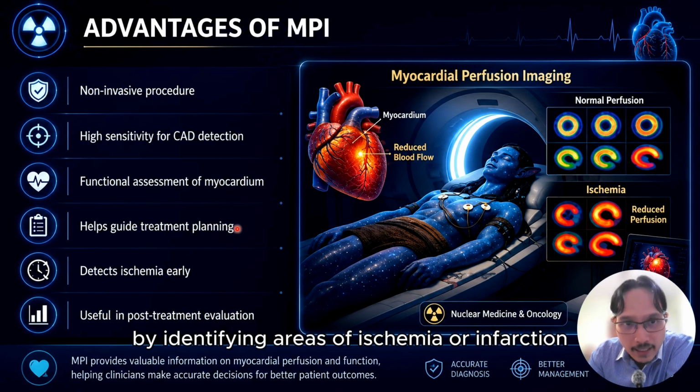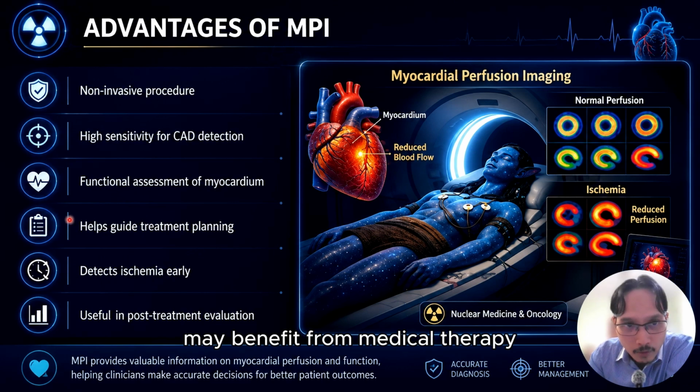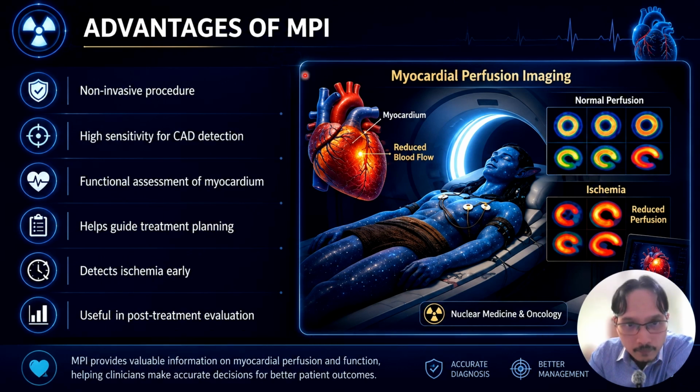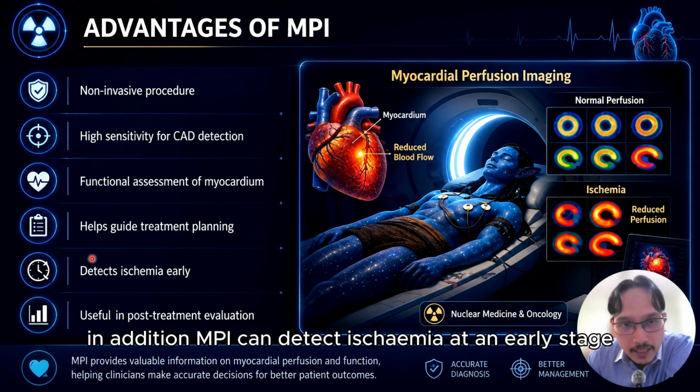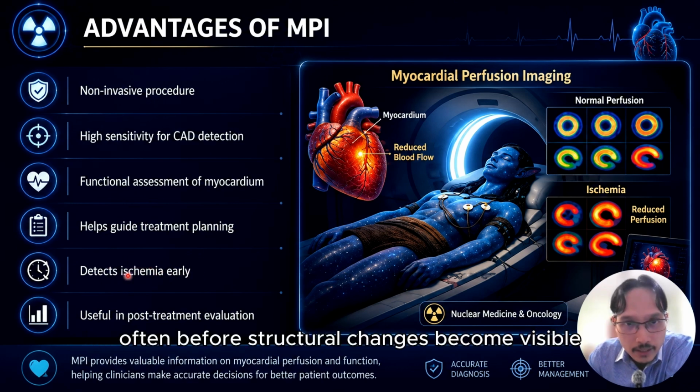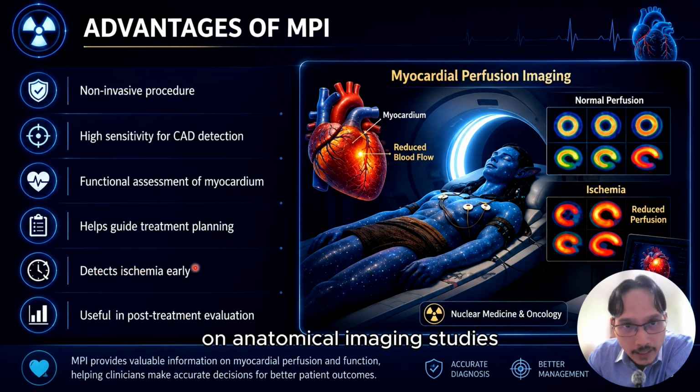By identifying areas of ischemia or infarction, clinicians can determine whether patients may benefit from medical therapy, angioplasty, stenting, or coronary artery bypass surgery. In addition, MPI can detect ischemia at an early stage, often before structural changes become visible on anatomical imaging studies.